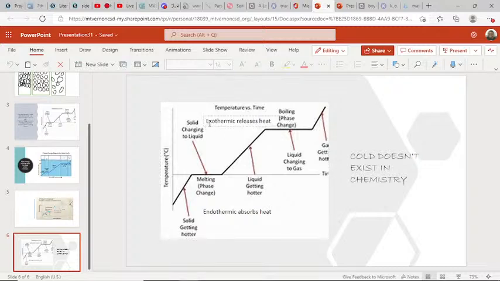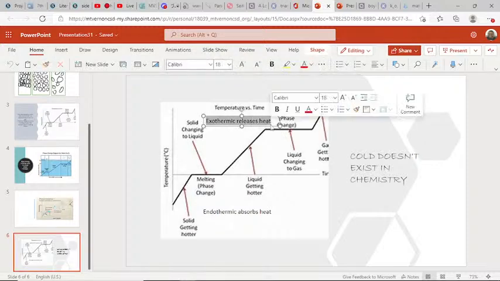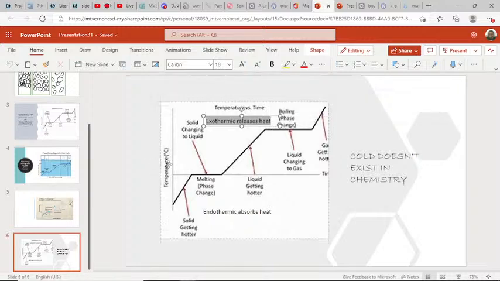It will be exothermic because it's going down, like it's going from boiling phase to melting phase instead of melting phase to boiling phase. And also the temperature would go down as opposed to going up.